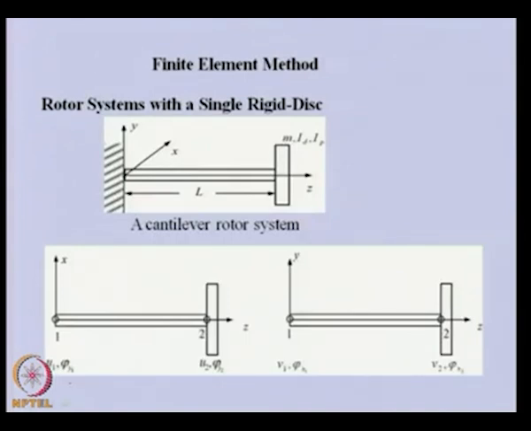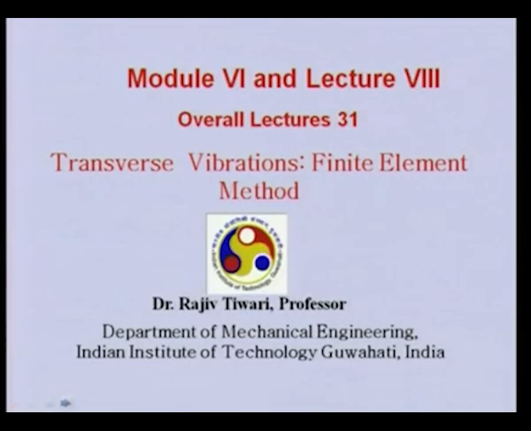In this particular rotor system, there is a cantilever shaft with a thin disc at the free end. We will consider the gyroscopic couple of this thin disc, but the gyroscopic couple of this particular shaft we will not consider.